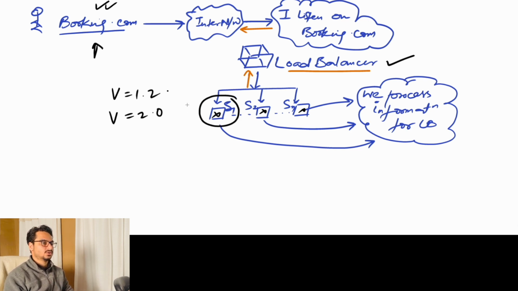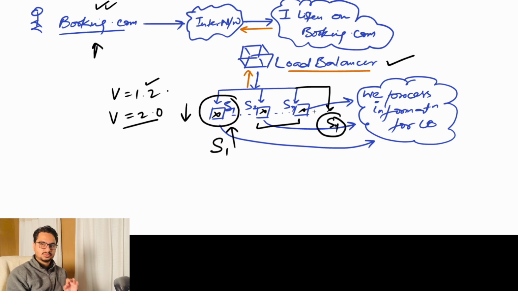This one goes down, and then you upgrade it and provide the new version of S1, which is V2. Then it comes back into the environment. Until that time, the other two servers are still serving requests on version 1.2. Again, all of this is possible because the load balancer lets you attach new servers to the existing services or to the existing endpoints.